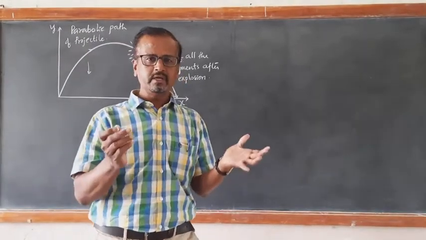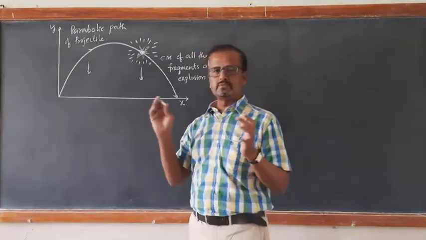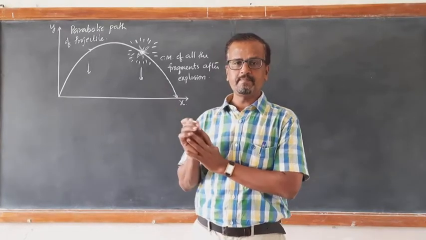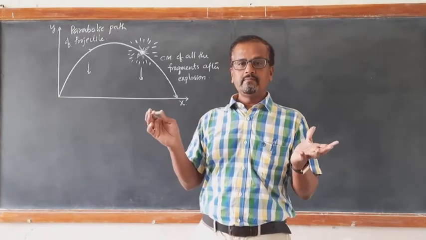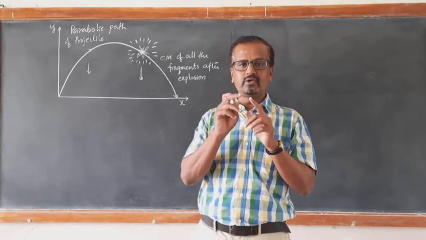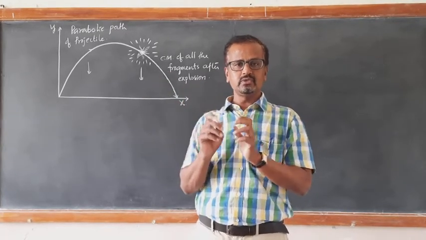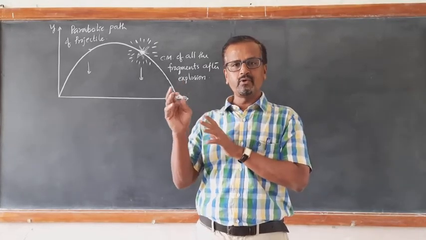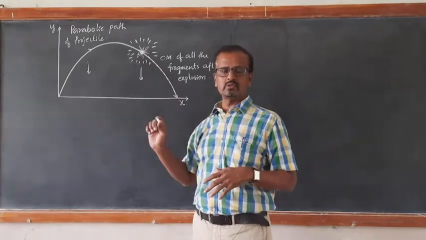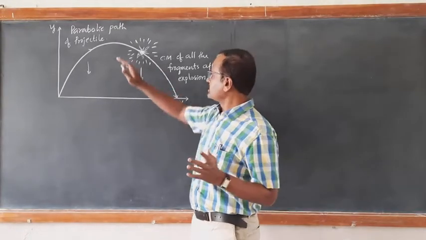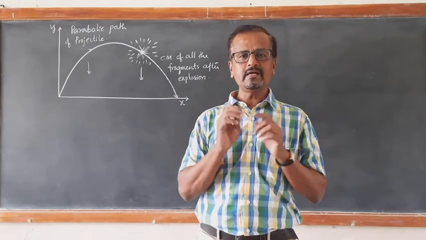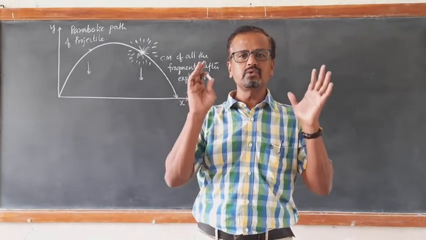So even though you are observing the interactive internal forces leading to the explosion, the net internal force, if you calculate F12 plus F21, becomes 0. F34 plus F43 becomes 0. So the net internal force becomes 0. So the center of mass moves as if it is acted upon by the external force only.